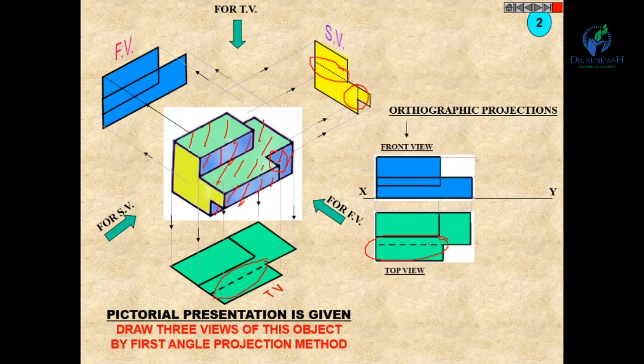Now similarly draw the left hand side view on the right of this front view. Here these two are the dash lines. So in this way you can draw the three different views.